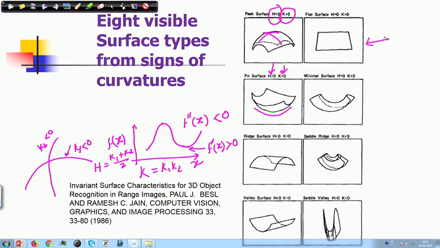So, you extend this kind of observation to various other shapes in a 3-dimensional surface, and you can explain the features or observations that are provided in this particular slide. And in fact, this is the paper which discusses these particular properties. This is a paper by Paul J. Besl and Ramesh Chandra Jain.